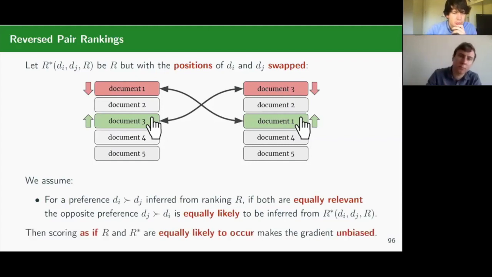And the idea is, if we show these rankings 50% of the time, we can find a reliable preference between 1 and 3, right? If half of the time we showed this ranking and the other time we showed that ranking, and we only look at clicks at the 3rd position, we would get a very accurate idea of which of these 2 is more relevant.